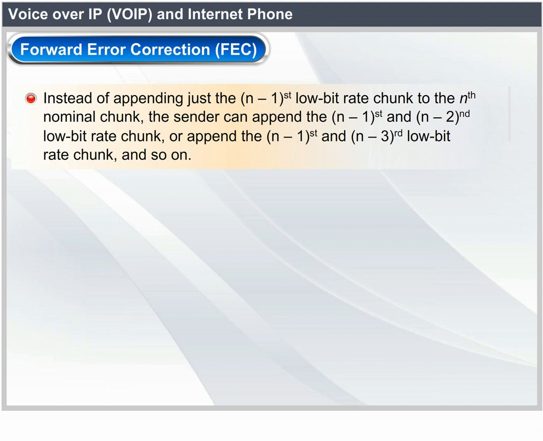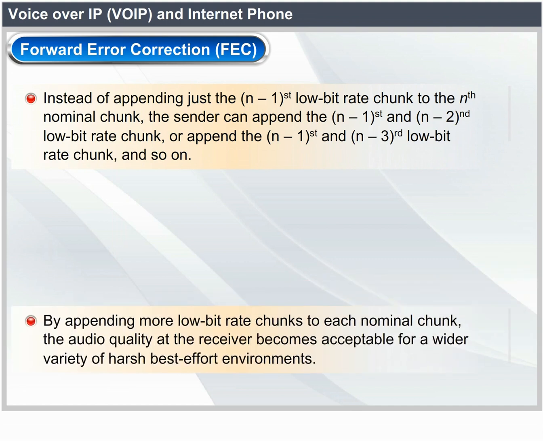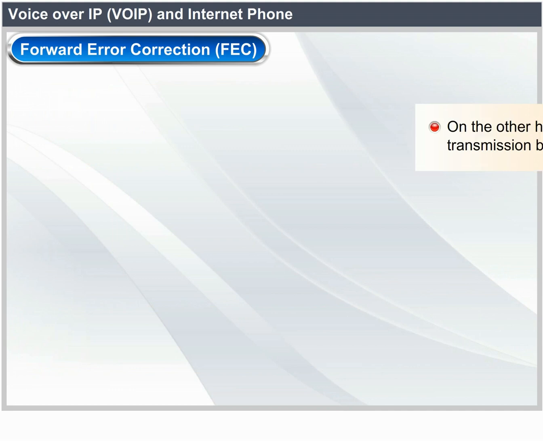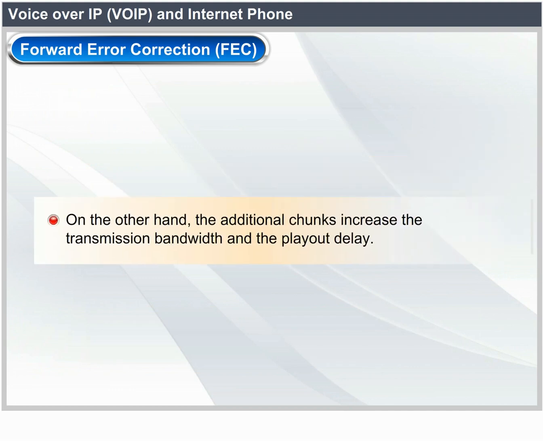By appending more low-bitrate chunks at each nominal chunk, the audio quality at the receiver becomes acceptable for a wider variety of harsh best-effort environments. On the other hand, the additional chunks increase the transmission bandwidth and the playout delay.